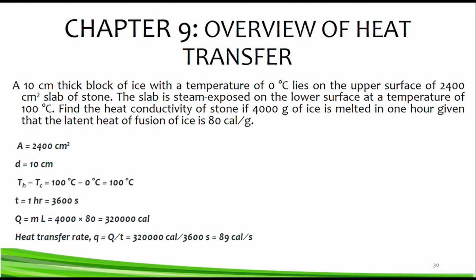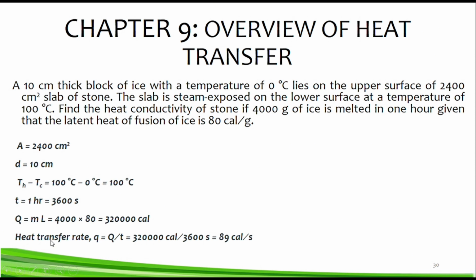The heat transfer is mass times L, given that mass is 4,000 multiplied by L, or the latent heat of fusion, which is 80 calories per gram, and by multiplying 4,000 by 80, we get 320,000 calories.